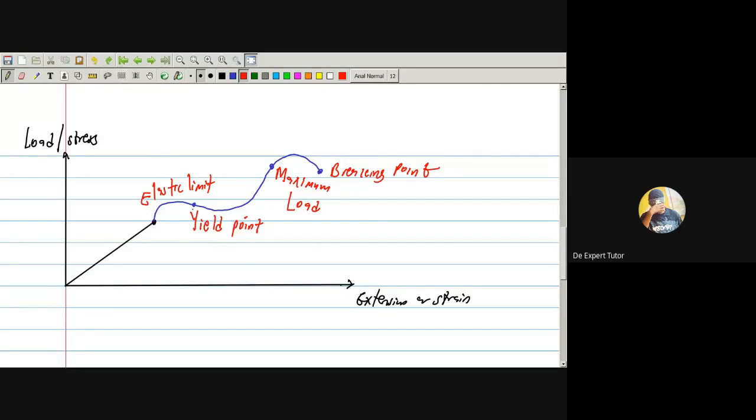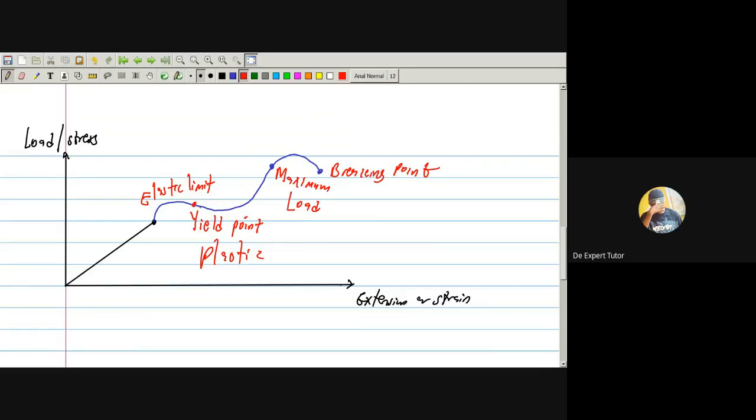Now it will get to a point called the yield point. At the yield point, the elastic material has lost all its elasticity and has now become what we call plastic. Exactly.